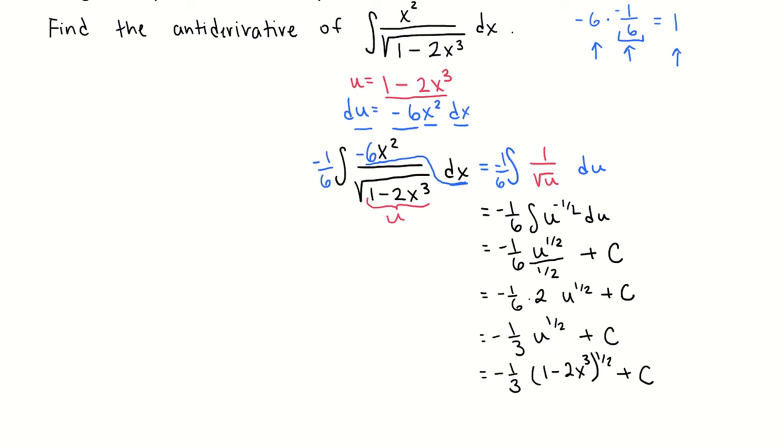So I'm going to rewrite it as negative 1/3 square root of 1 minus 2x to the third plus c. And note that we could also write this as the square root of 1 minus 2x to the third over negative 3, plus the constant.